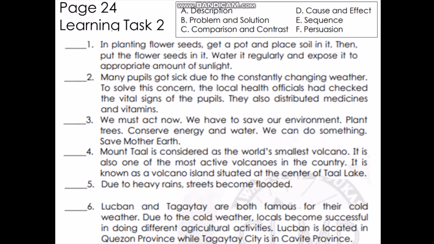Mount Taal is considered as the world's smallest volcano. It is also one of the most active volcanoes in the country. It is known as a volcano island situated at the center of Taal Lake. So, what kind of informational text is it? Is it A, B, C, D, E, F?